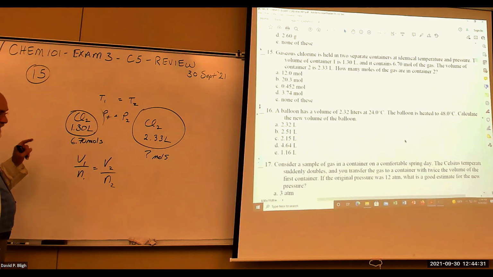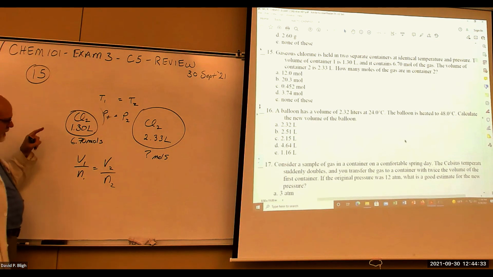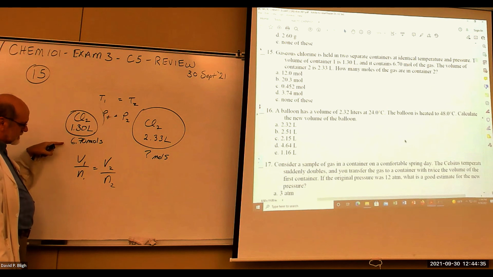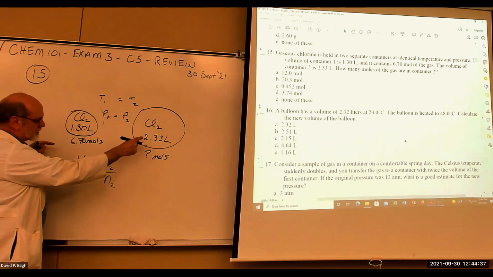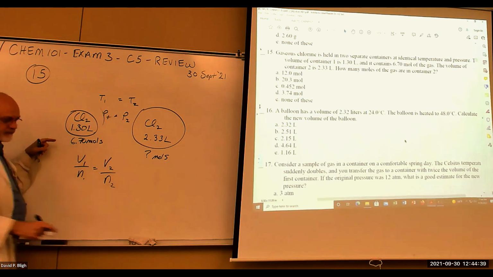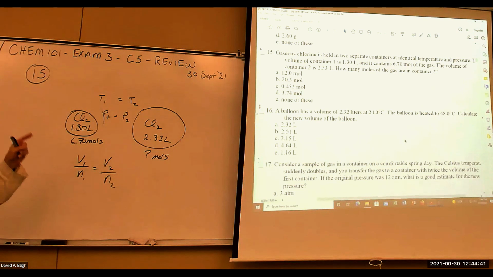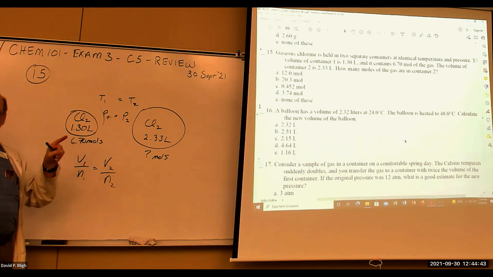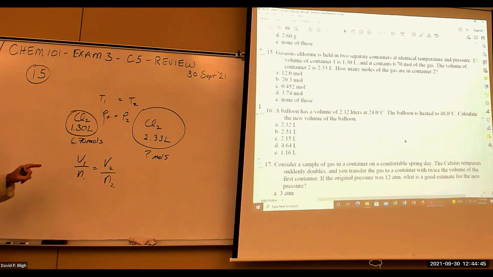So we have to identify and be sure that we know this is V1, this is N1, this is V2, so that's N2. Because if you don't put them in the right place, you're going to come out with the wrong answer. So sometimes drawing a picture, at the very least, extract the information from the word problem. Get it out of there, because word problems are designed to confuse.